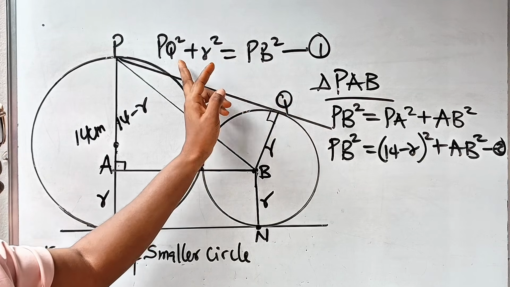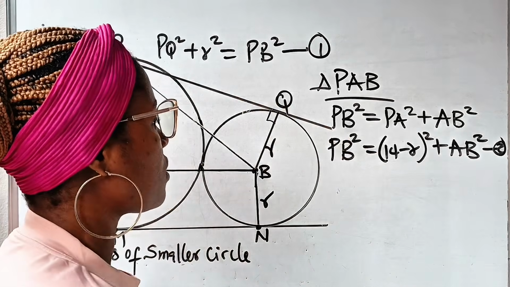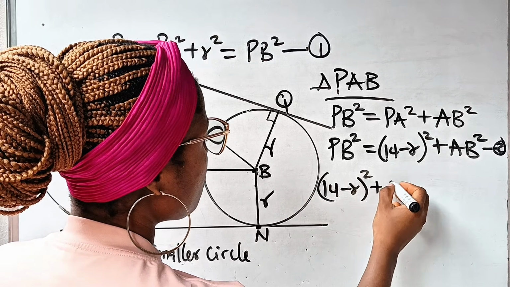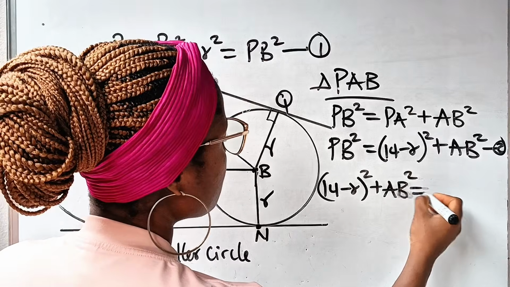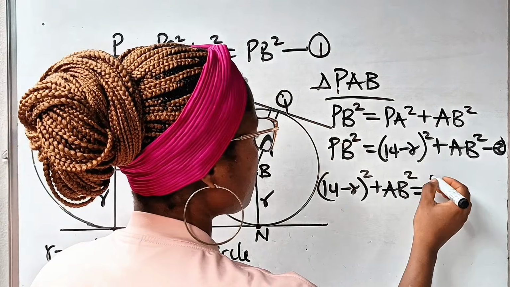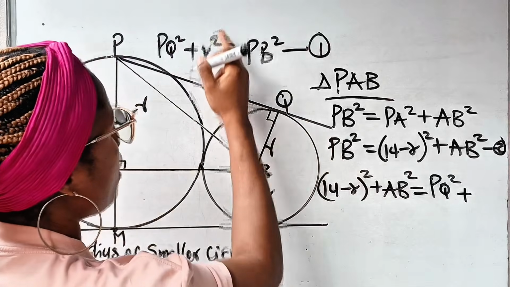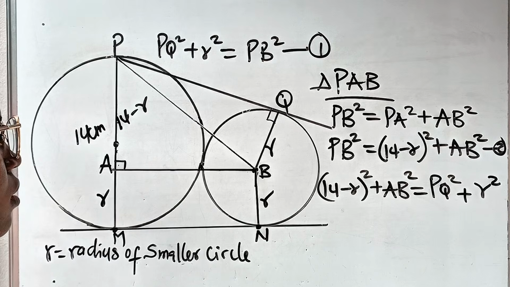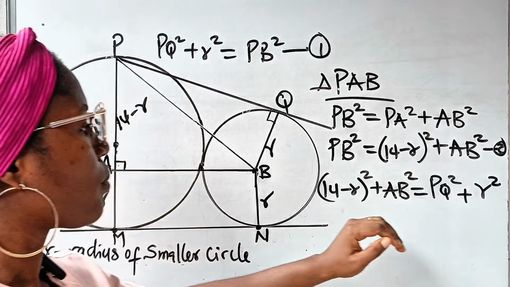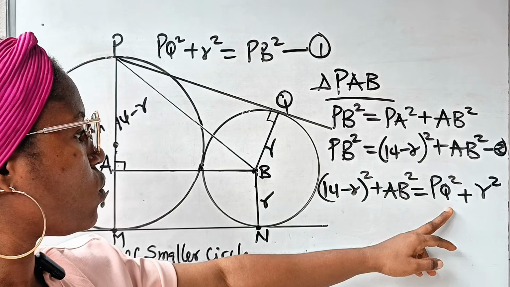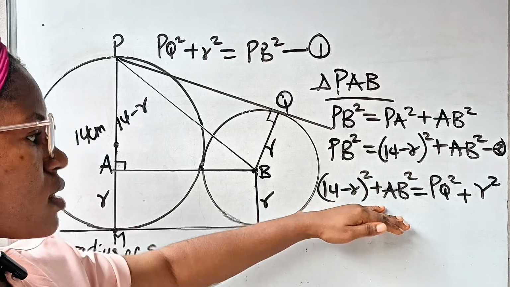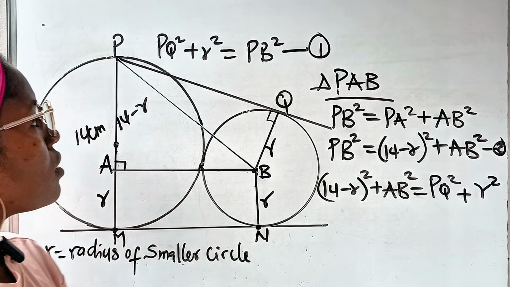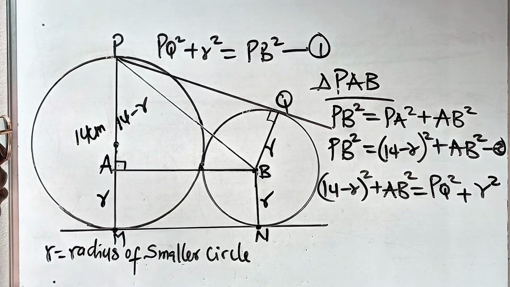So I can write that (14 minus r) all squared plus AB squared is equal to PQ squared plus r squared. Let me go ahead and expand it.